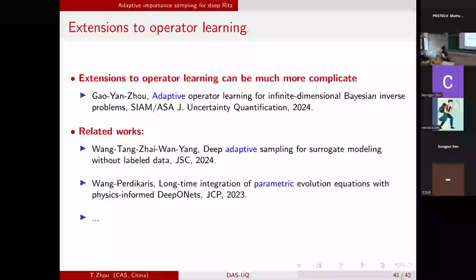More precisely, they just consider the Navier-Stokes equations with a few parameters: a real number and boundary conditions. They view the real number as a parameter, maybe 2 or 3 dimensions, and other parameters. They learn this parameter-to-solution map. It's a low dimensional operator learning, but still with a very good adaptive sampling.